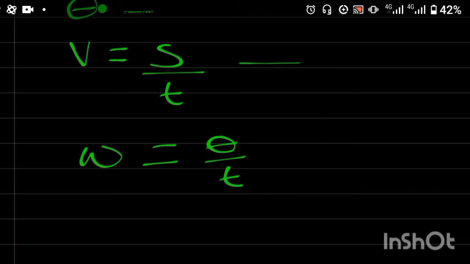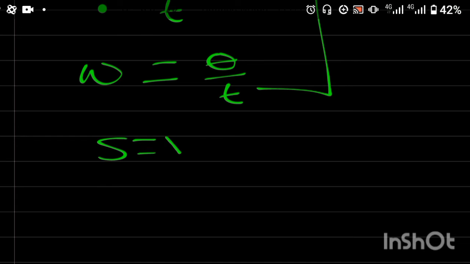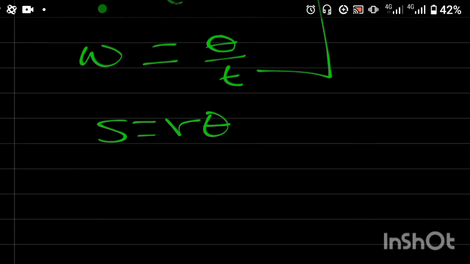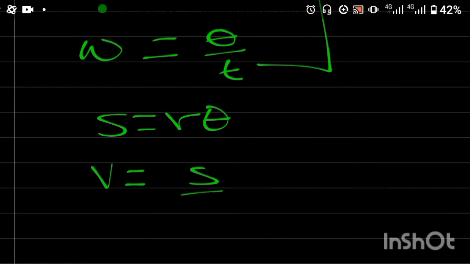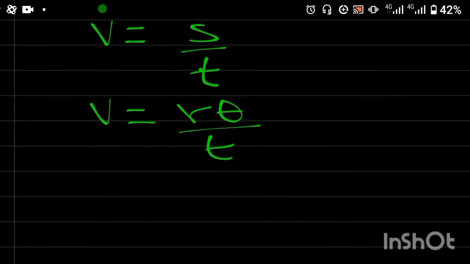Now we want to generate the relationship between angular velocity and linear velocity. Don't forget we've gotten that S is equal to R theta and V is equal to S over T. That means V is equal to R theta over T because S is equal to R theta.